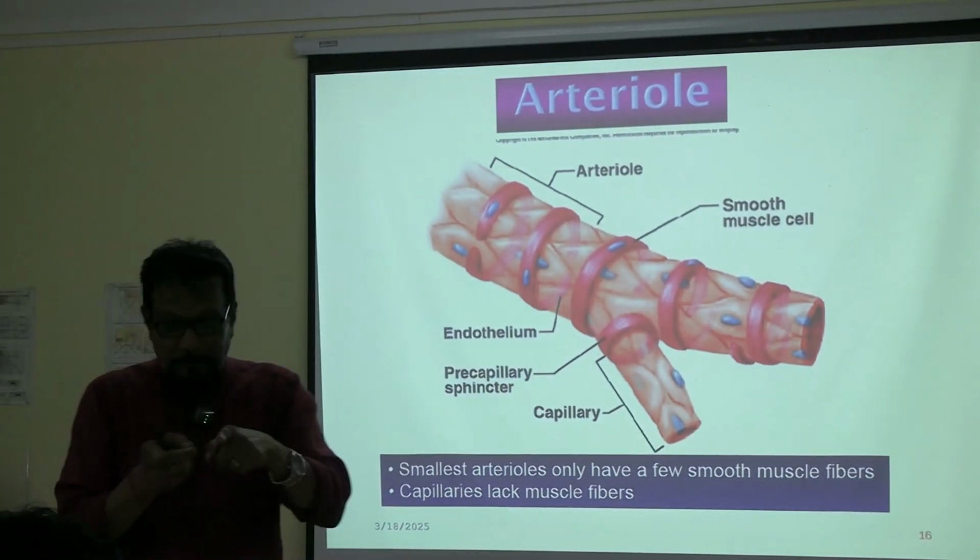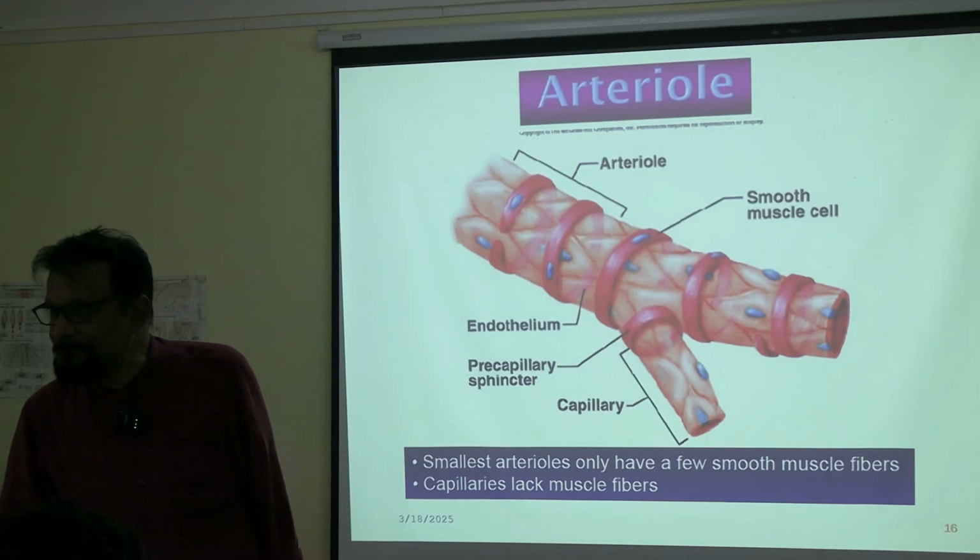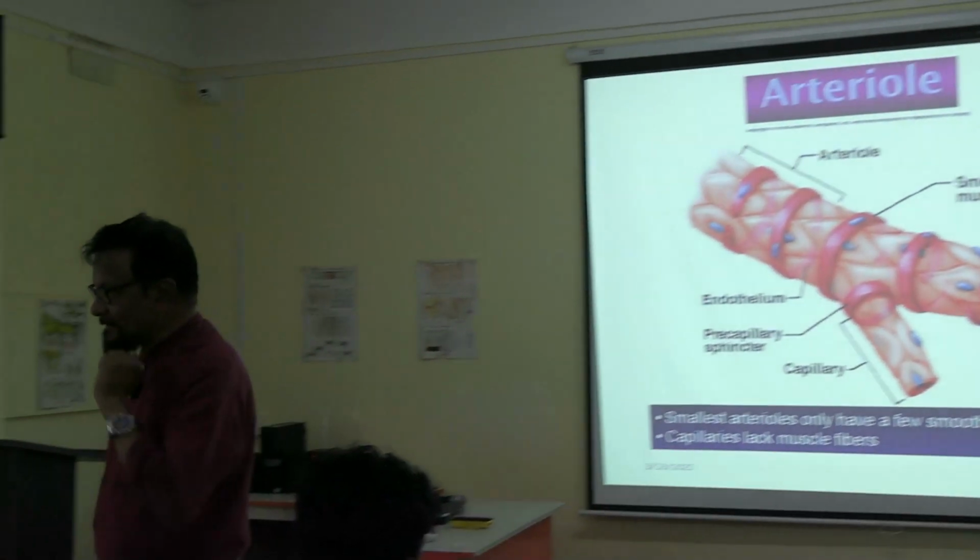After this, there will be several capillaries. Normally all the capillaries are not patent. Means what? All the capillaries are not active, means blood is not flowing through them. Suppose there are 50, only 25 or 30 will be working, and the others will be inactive. Who is controlling this? This sphincter.